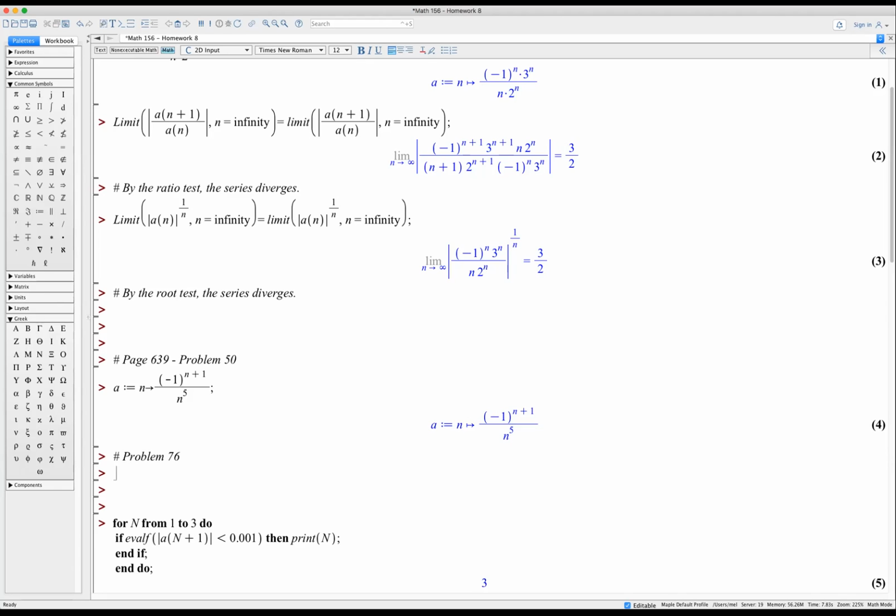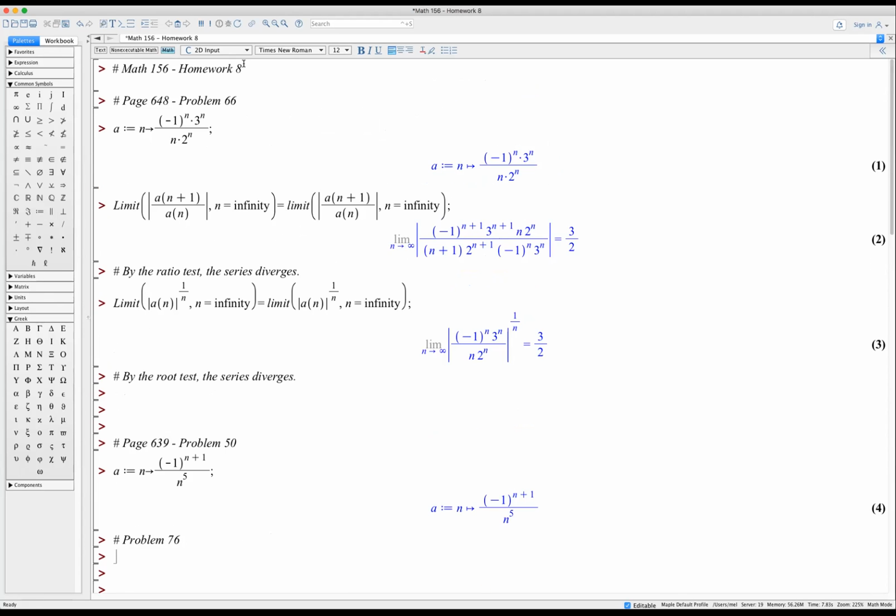We also have an alternating series, and so this is page 648, number 76.